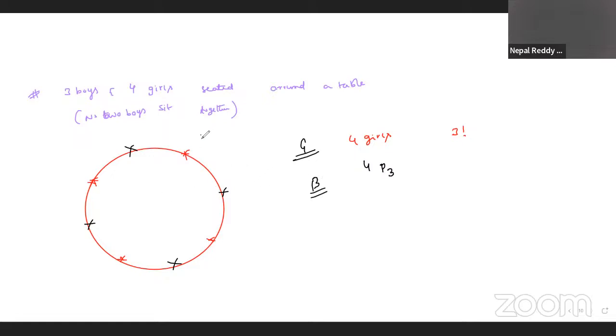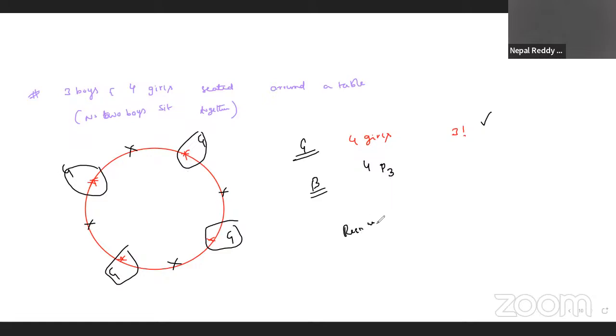First, on a circle, we are arranging the girls. After arranging the girls on a circle, you will get 3 factorial. Next, in the remaining blank places, you can arrange the boys, right? 3 boys in 4 blank places can be arranged in 4P3 ways.